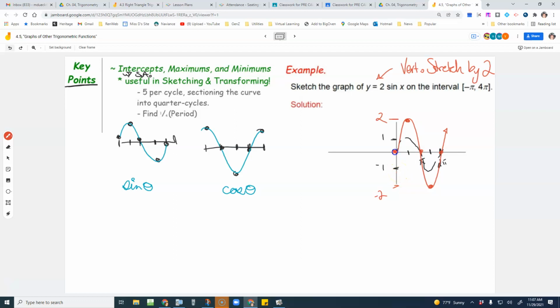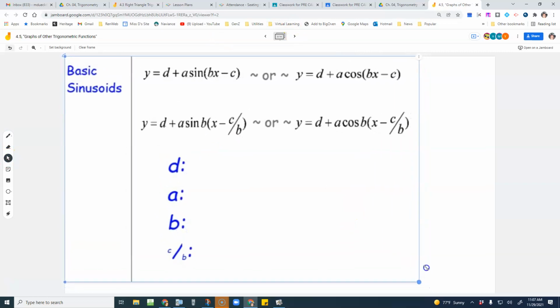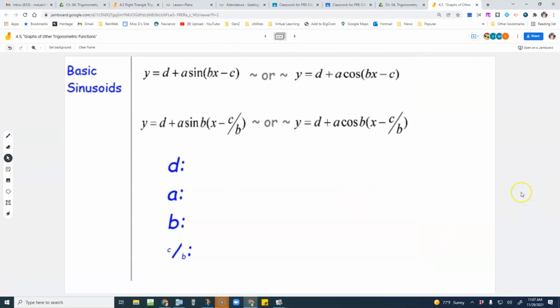But what if it gets messier is the question. And that's where things get interesting. We have all these different transformations that can show up.